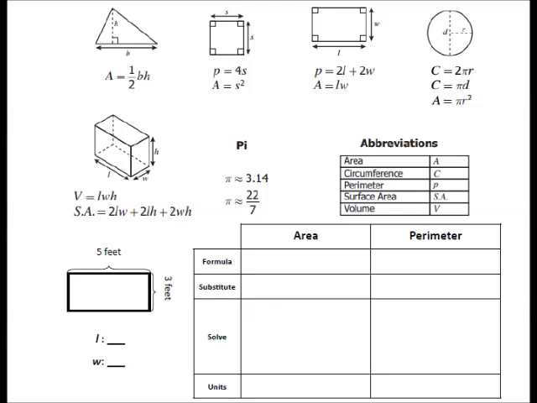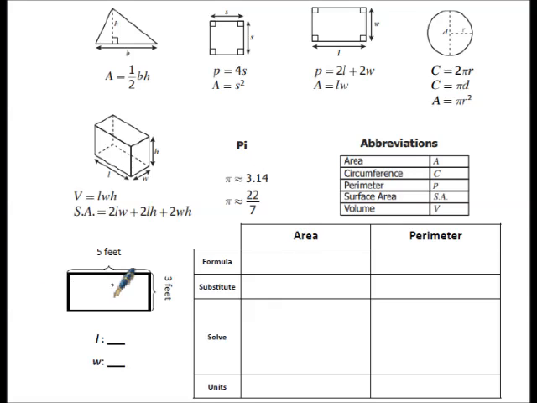For this next shape, we have a rectangle, and we want to find out the area and the perimeter of this rectangle. So we need to look at the formula sheet. And I don't want you making up your own formulas.